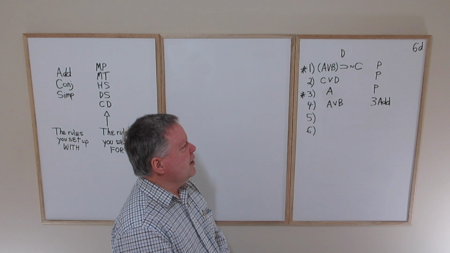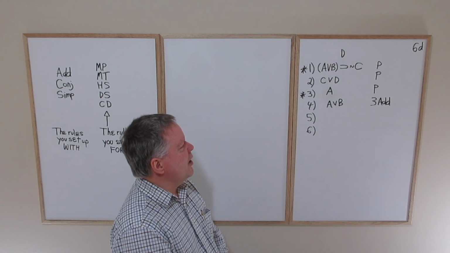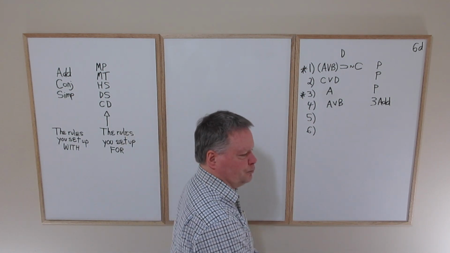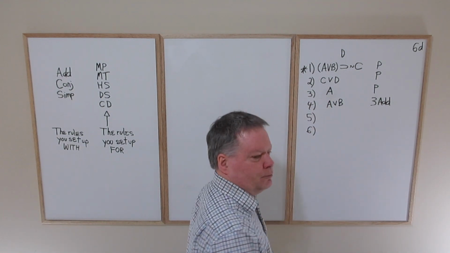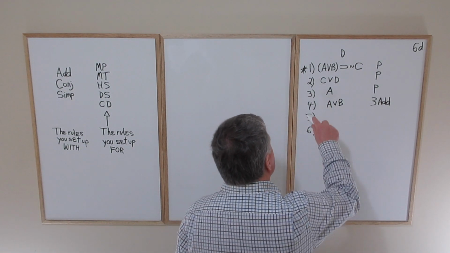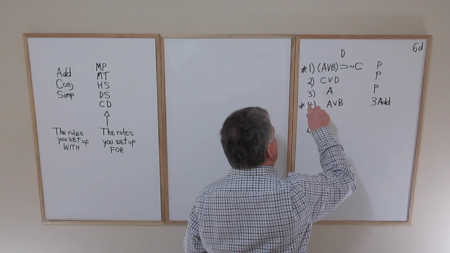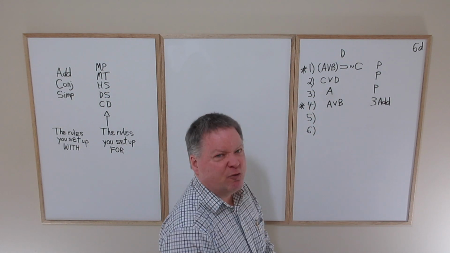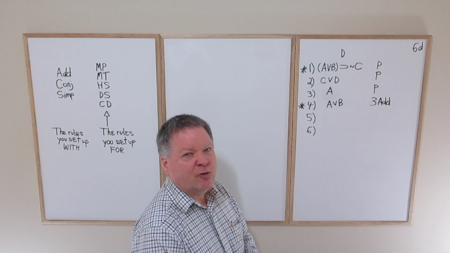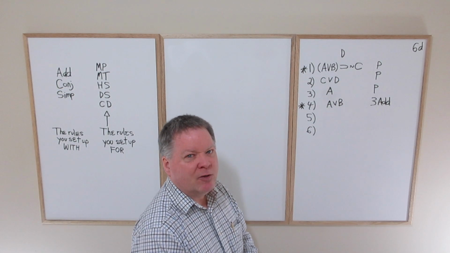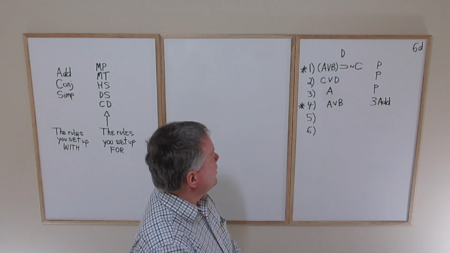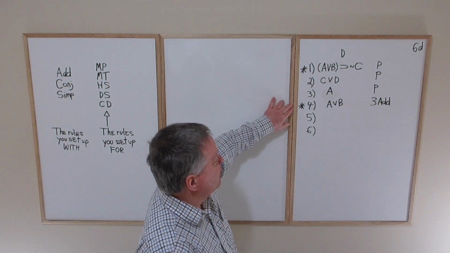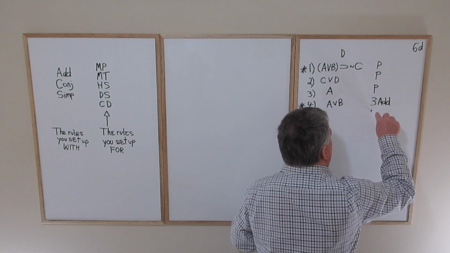Now that we've done the addition setup step on line 3, lines 1 and 4 do satisfy the requirements for modus ponens. We've got the conditional on line 1 and the exact antecedent on line 4.